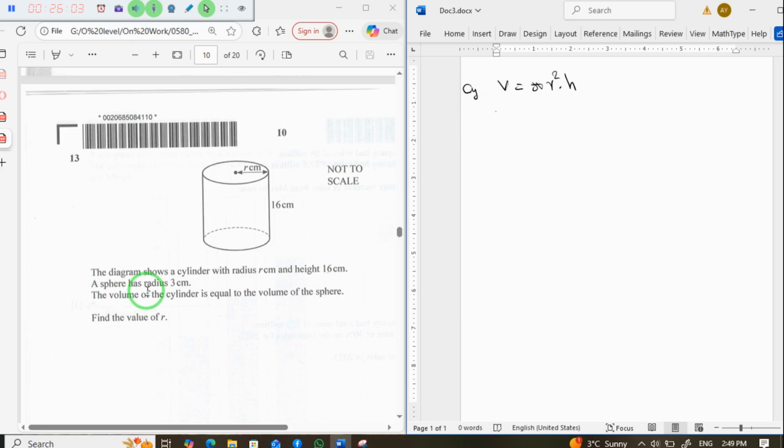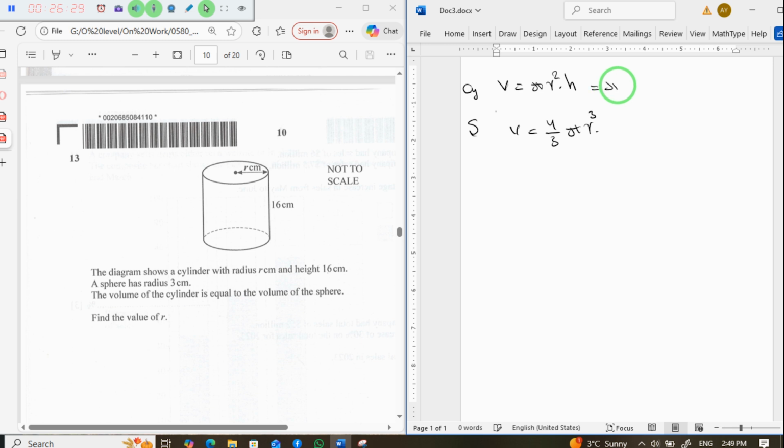And a sphere has this formula: V is equal to 4 over 3 pi r cube. This formula is used to calculate the volume of a sphere.